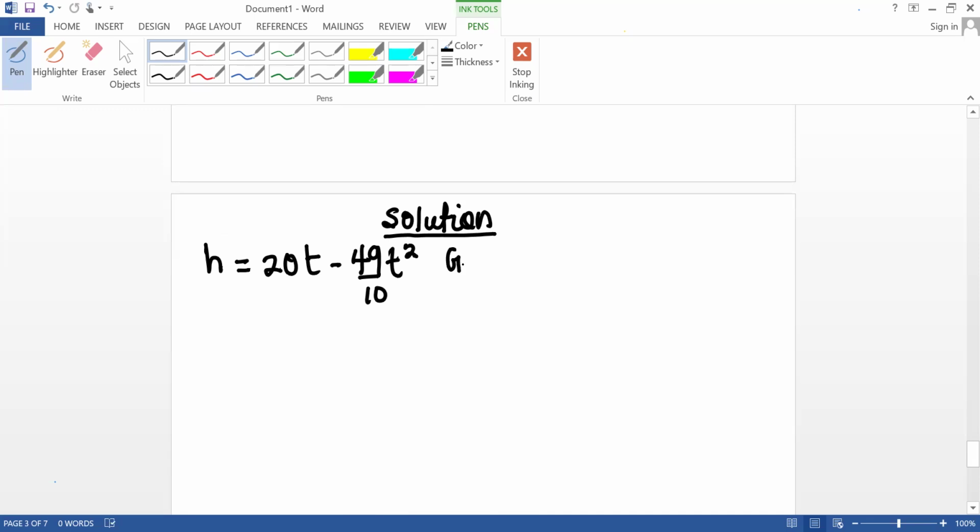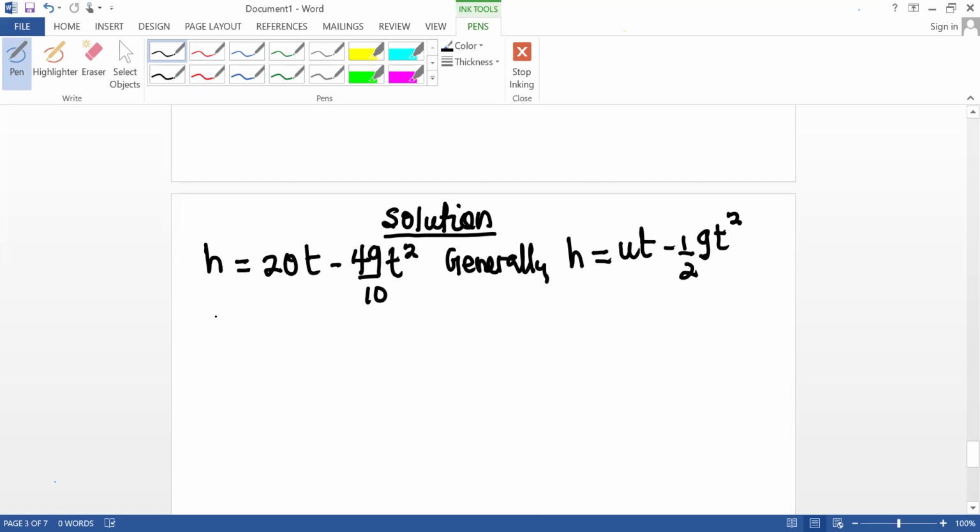Generally, when a body is projected to go up, the vertical height reached at any time is given by h is equal to ut minus half gt squared.